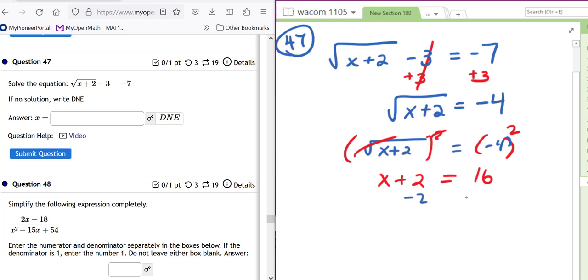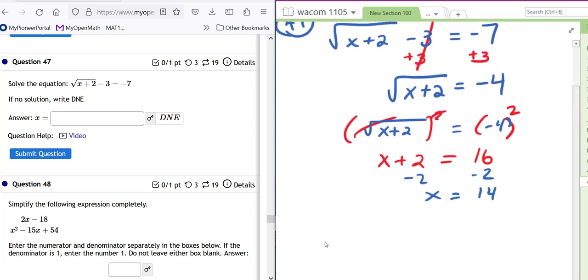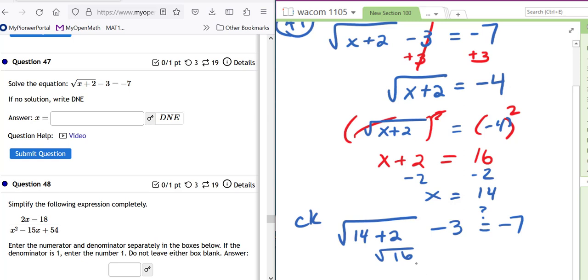And we would subtract 2. So we get x equals 14. But you would have to check in that original. So 14 plus 2 minus 3, does that equal negative 7? This is square root of 16, which is a 4. 4 minus 3 is a 1. It is not negative 7.